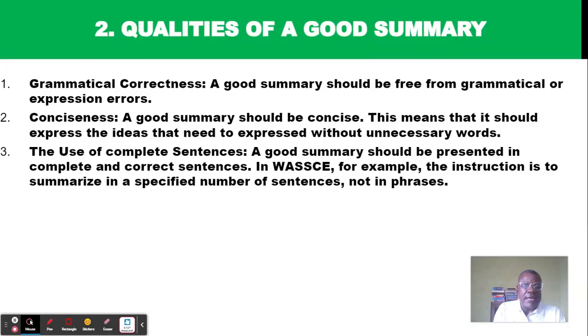That means one idea should be presented with one sentence. So in 3 sentences, 1 for each, summarize. Then you are given the ideas in the passage to summarize. So you are to summarize in sentences. So make sure that you use complete and correct sentences. That makes a good summary.